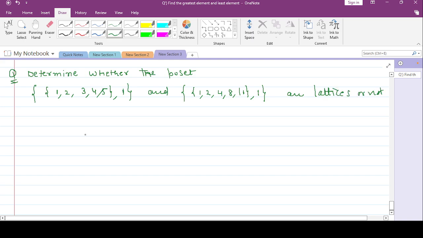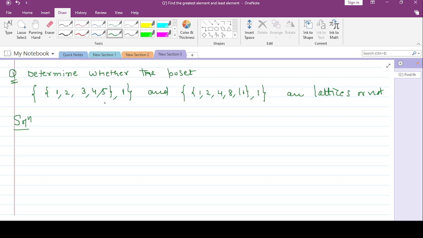What is the definition of a lattice? If for every pair of elements supremum and infimum exist, supremum meaning LUB and infimum meaning GLB, only then we say that these are lattices. It should happen for every pair, and if it does not happen for even a single pair, then we say that it is not a lattice.